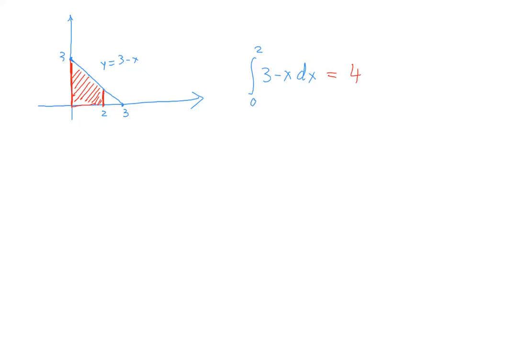And this could have been done in a different way. You could have also split this trapezoid into a rectangle, one that has one side equal to 1, the other equal to 2, hence its area is 2, and one right triangle, which has two sides equal to 2, and that also has area 2.